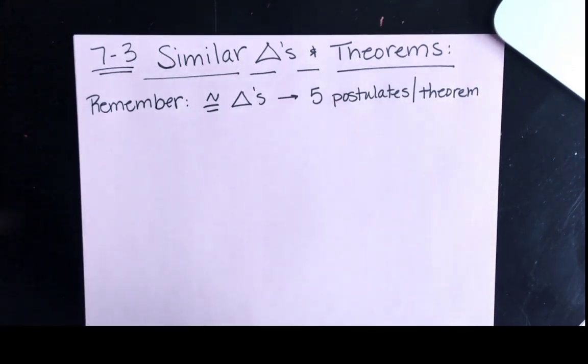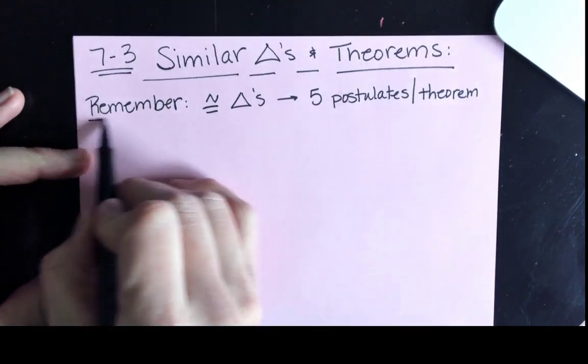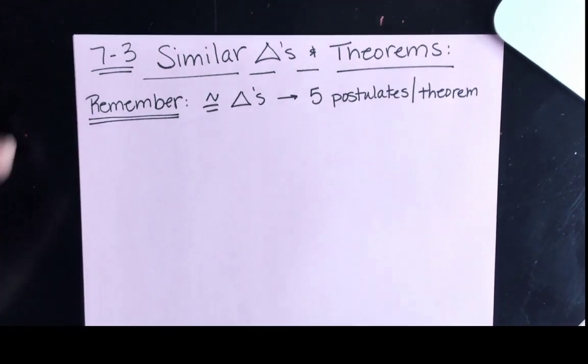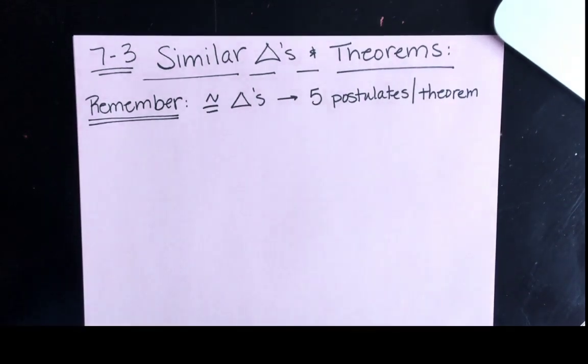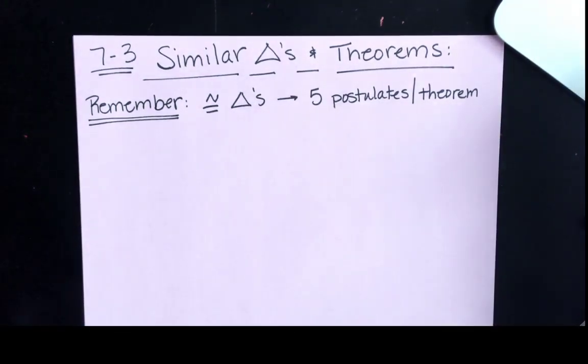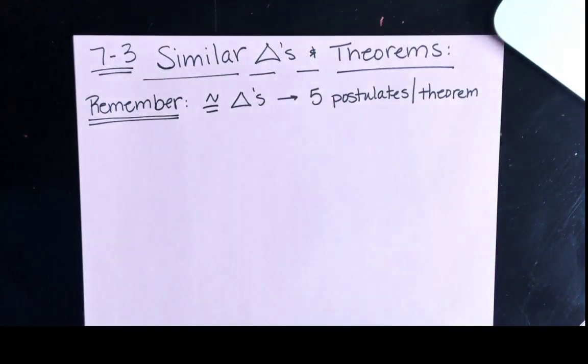And I would rattle off all 5 every time. Can anybody tell me any of those theorems or postulates, I'll make a list. So this is from our congruent triangle chapter. If anybody can remember any of the congruent theorems or postulates, that way we can create our list to kind of remember for what we're going to do now.